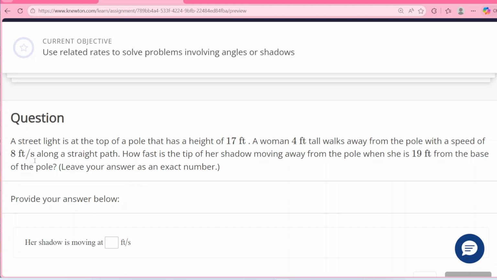So again, notice things that are going to be changing with time here. Along a straight path. How fast is the tip of her shadow moving away from the pole? And she's 19 feet from the base of the pole. It says leave your answer as an exact number. So I'll draw a picture of the situation.